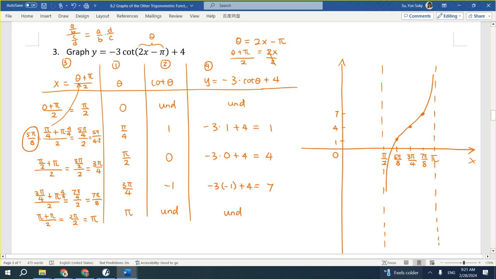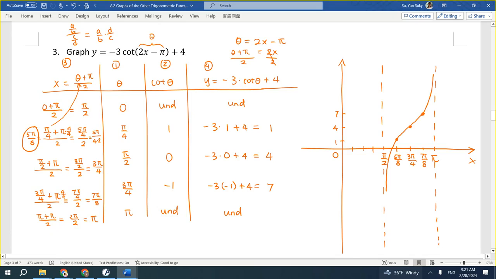So in the exam, I will ask you to draw 2 periods. So this is 1 period. And so to draw the other period, you kind of copy this and paste here. So therefore, okay, this interval is the same length. You cut it into 4 pieces. And this point will be what?